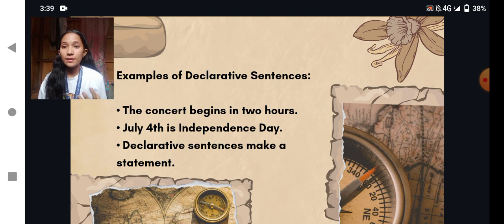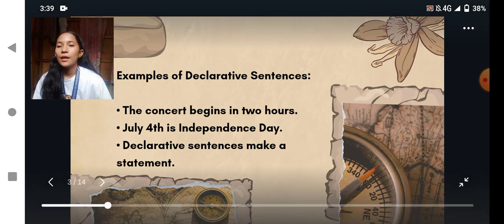It is a declarative sentence because it provides information about the start time of the concert. July 4th is Independence Day. It is also a declarative sentence because it states a fact about the date and the significance of the Independence Day.